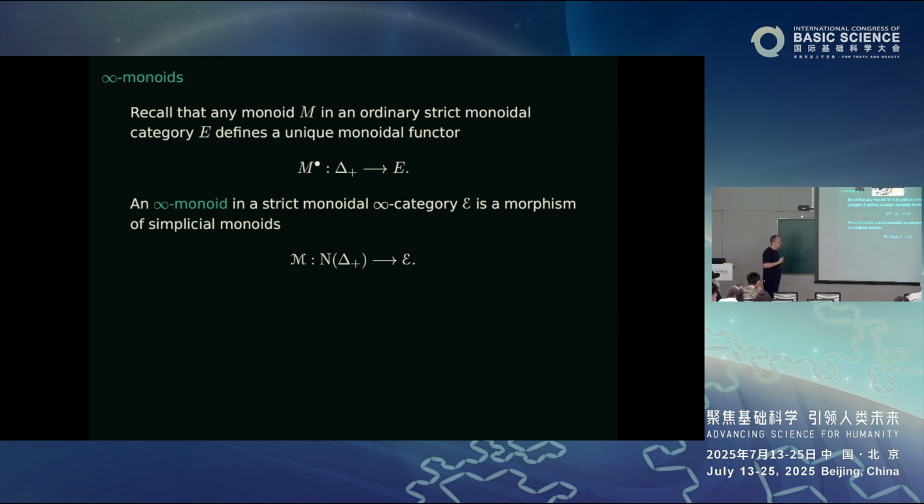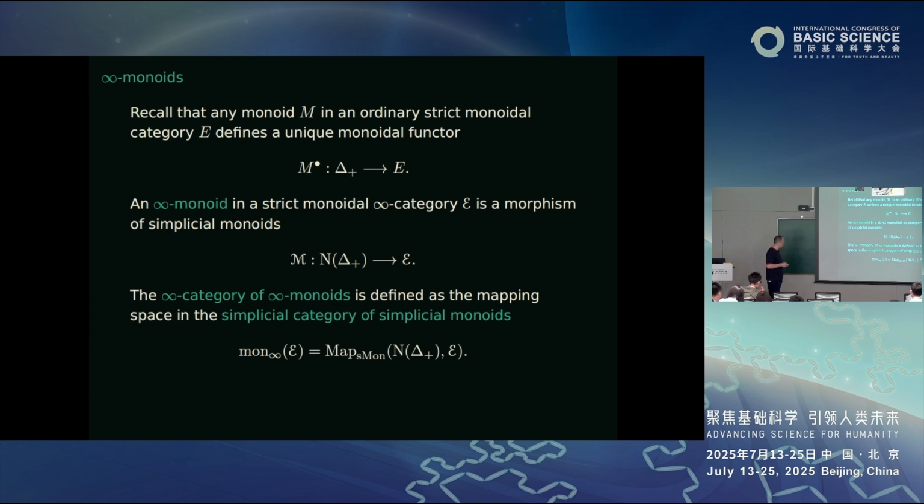Okay, we need not only infinity monoids themselves, but we also need the infinity category of infinity monoids. And here we work in the category of ordinary simplicial monoids. This is a very nice category, and it has a standard simplicial model category structure. In particular, it can be naturally enriched over the category of simplicial sets.